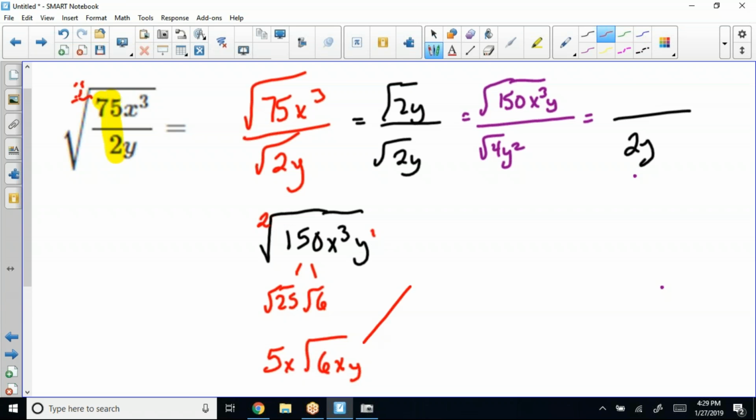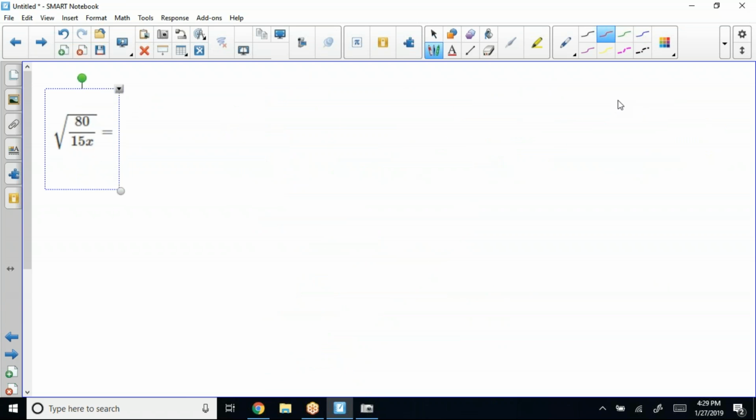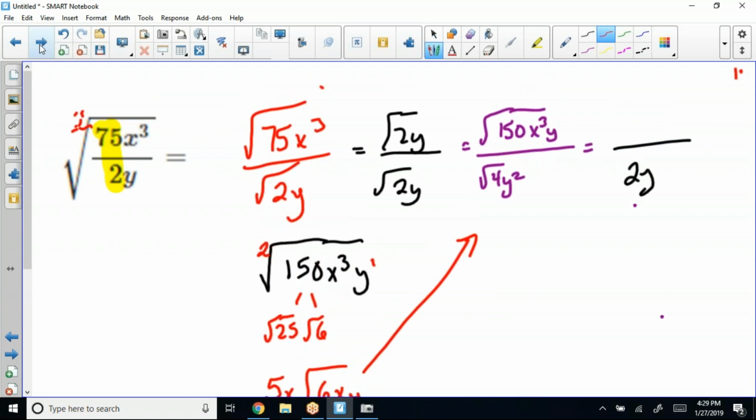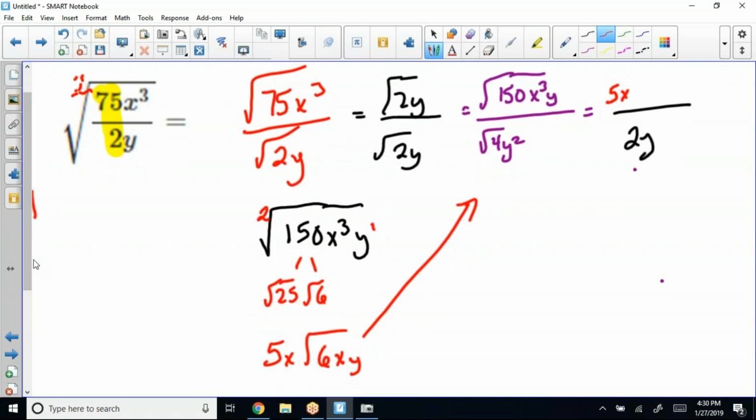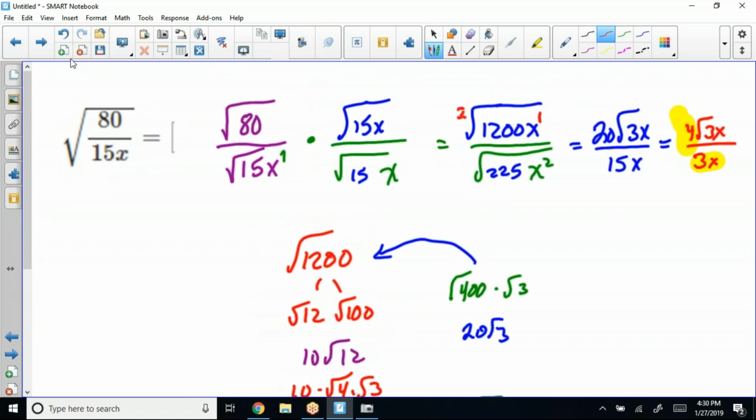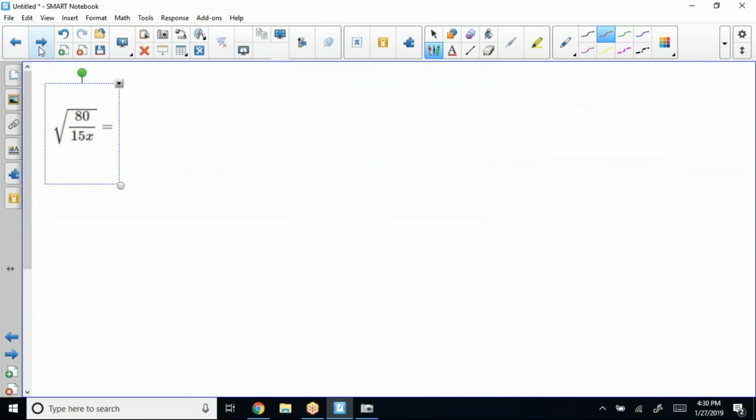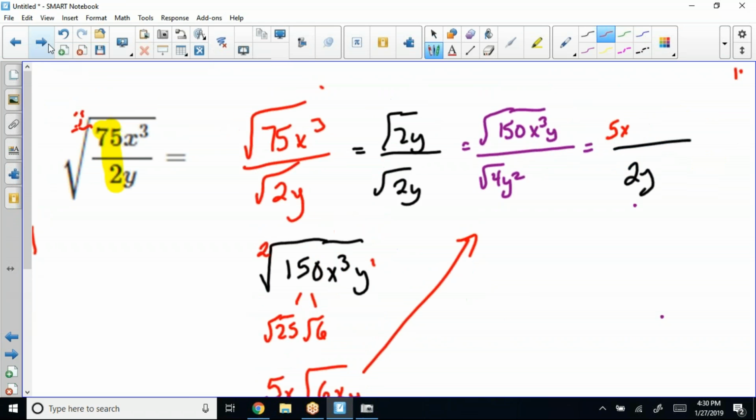Now this will all go back up here. Well, that's wanting to change like that. 5x. I am hitting something that it does not like, and I can't figure out what it is.